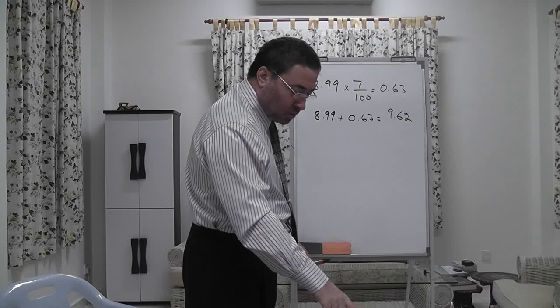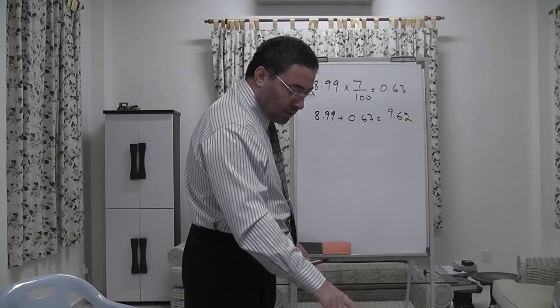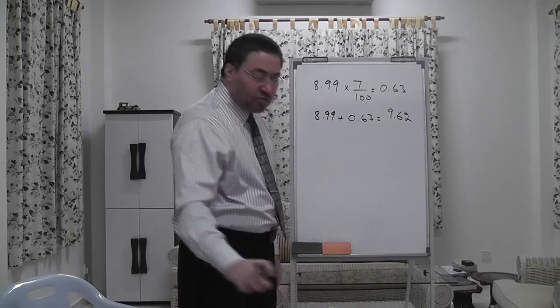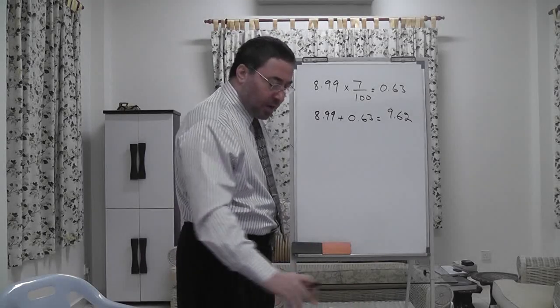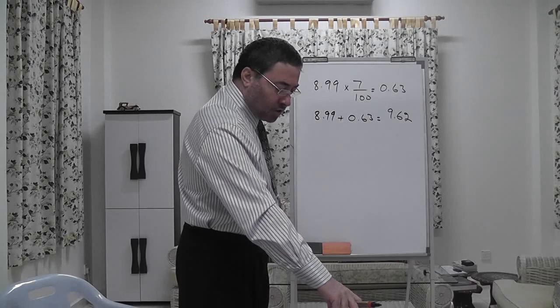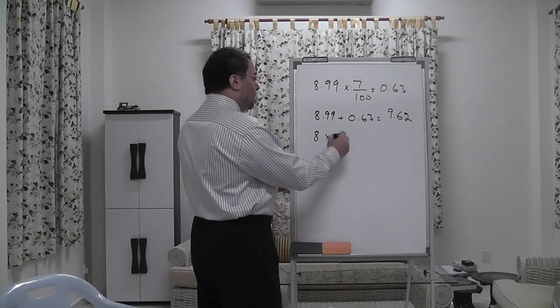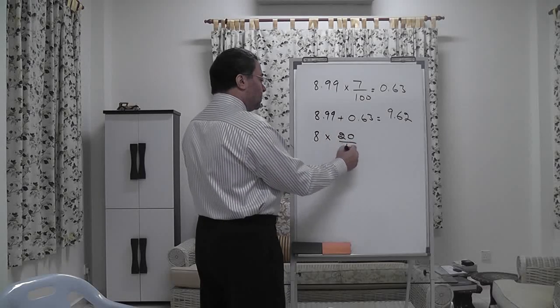Number 4, the regular price of a tape is $8. If the discount is 20%, what is the sale price? The discount is removed from the regular price, so first we get the discount, and that's 8 times 20 over 100.